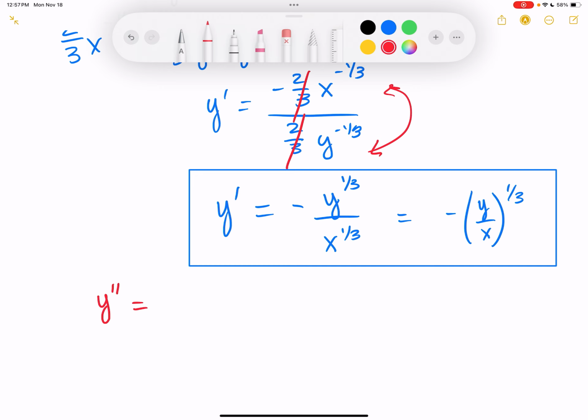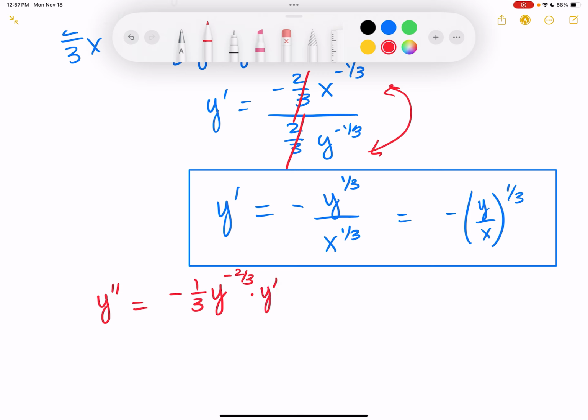All right, so what would the derivative of this top piece be? Negative 1/3 y. Would it be to the negative 2/3? Yep. Good job. So the negative 2/3 times y prime.